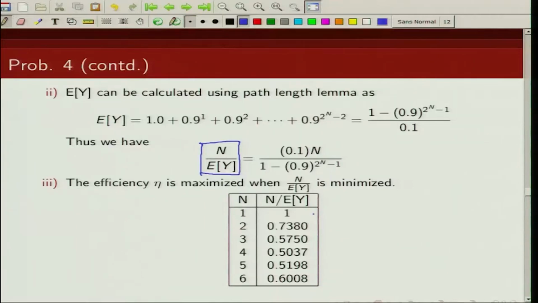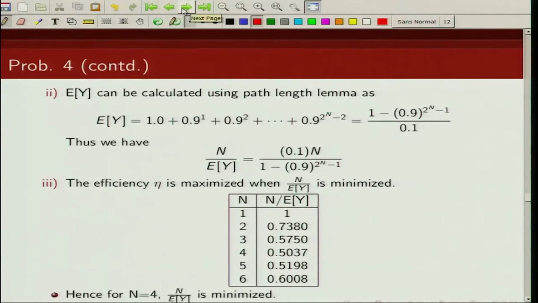I have written it here. For n equal to 1, this is 1. For n equal to 2, this comes out to be this. You can see this ratio is smallest for this quantity. In other words, for n equal to 4 this expected ratio of n divided by expected value of y is minimized, so the efficiency is maximum for n equal to 4.